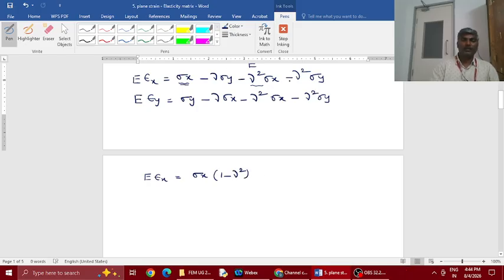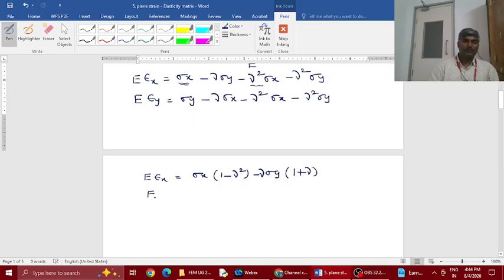Minus nu sigma y is common, and 1 plus nu is left over.